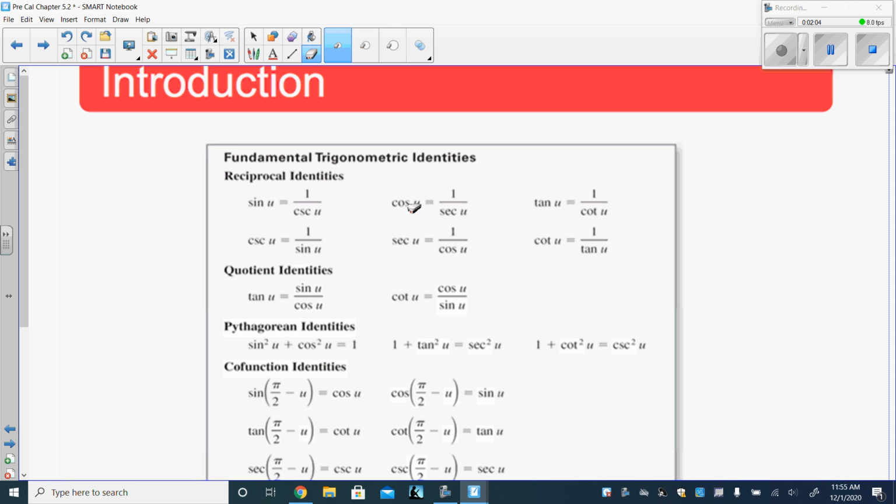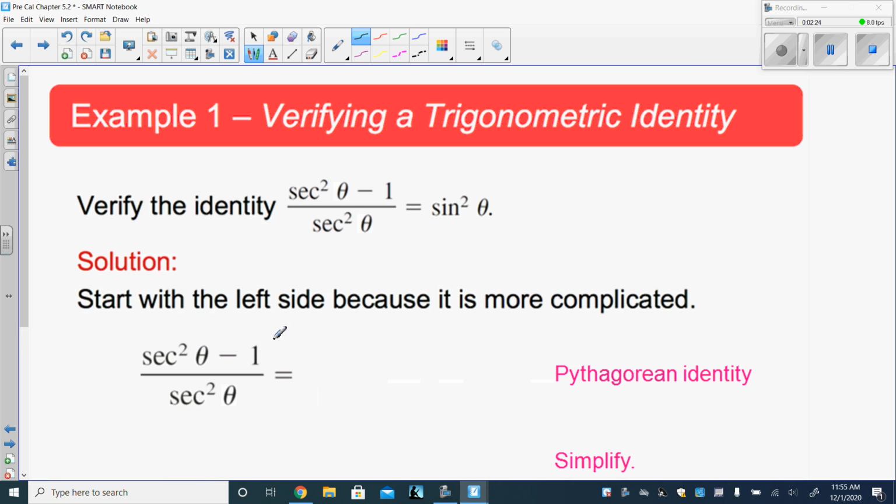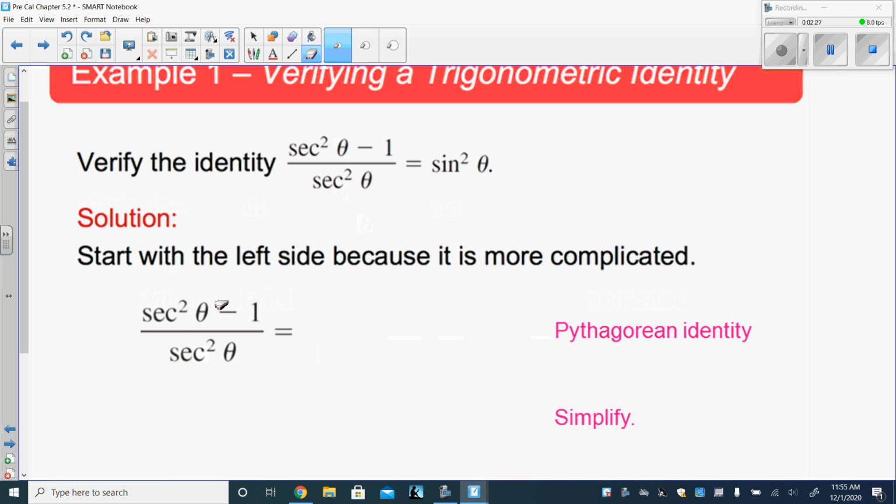We can subtract the 1 and say that tangent squared of u is equal to secant squared of u minus 1, because it's the same thing. We just subtract 1 from both sides. The reason this is useful is because the numerator is secant squared minus 1. Or we can just plug in that secant squared is equal to tangent squared of theta plus 1.